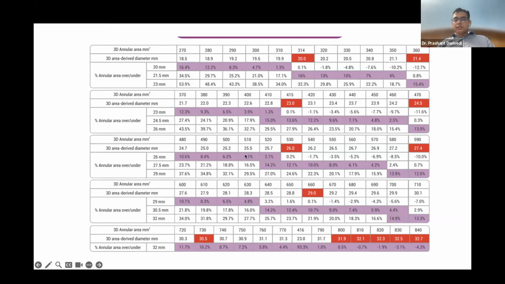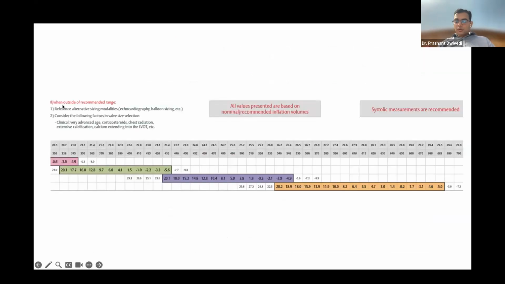I still can take this. But for the same 510, a 27.5 millimeter valve will be around 16.5% oversize, so I won't take 27.5 as the valve size. I would prefer to go with a 26 millimeter valve, which gives me around 4% oversize. I never want to go beyond 10% oversizing during valve deployment. So this is the different sizing method for the Edwards.